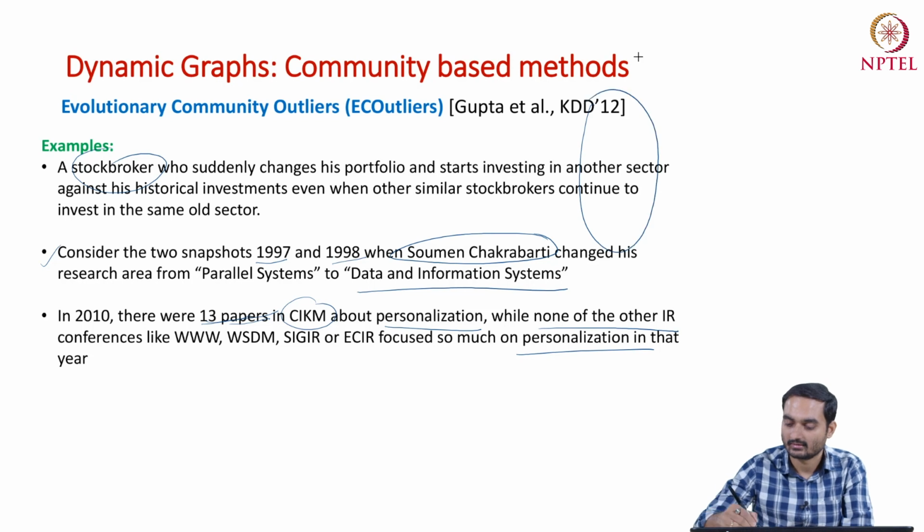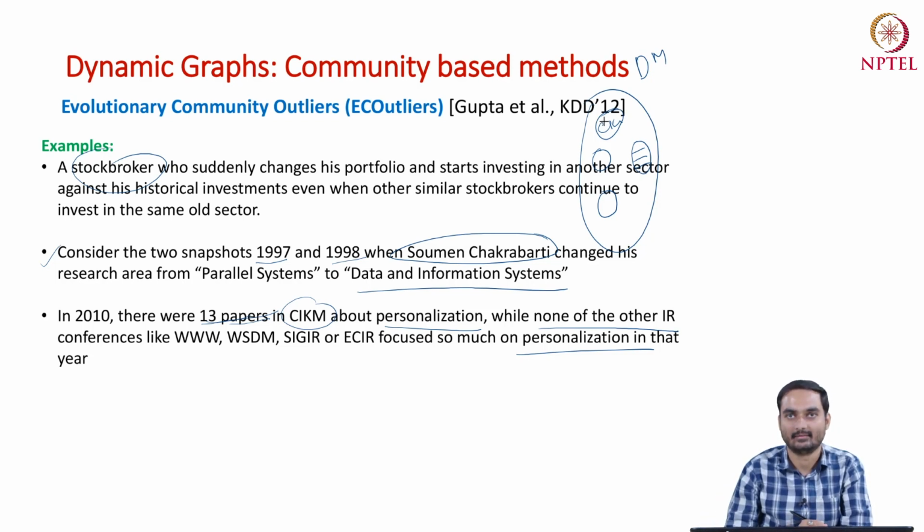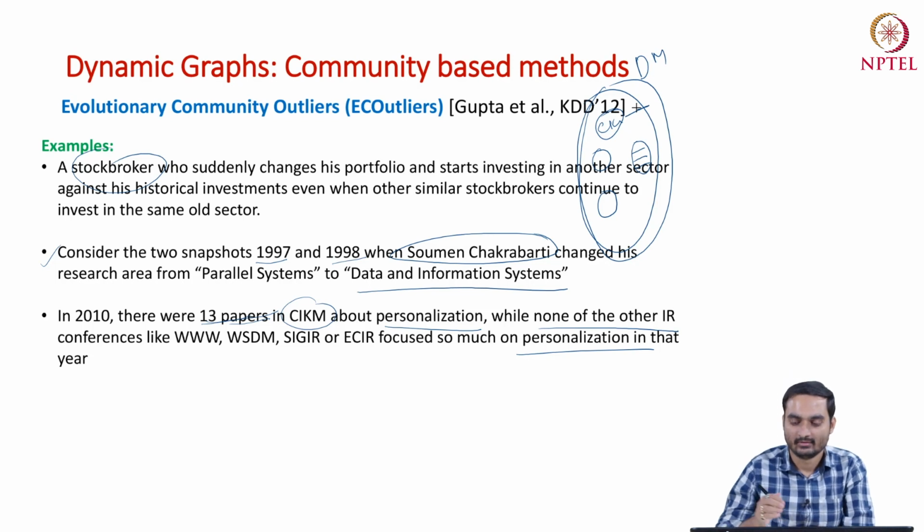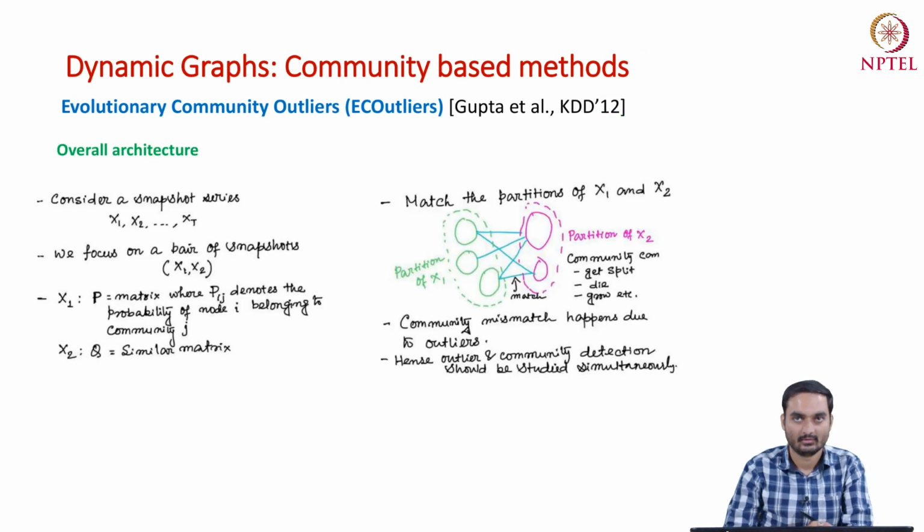If you look at data mining conferences, you have CIKM as one node, KDD another node, WWW another node, WSDM another node, and most of these conferences do not focus on personalization, whereas CIKM started focusing on personalization from 2010. So definitely with respect to this community, CIKM is an outlier. These are called community based outliers in a dynamic graph.